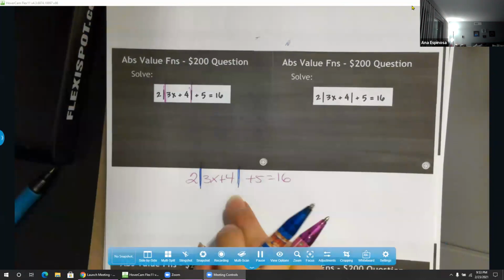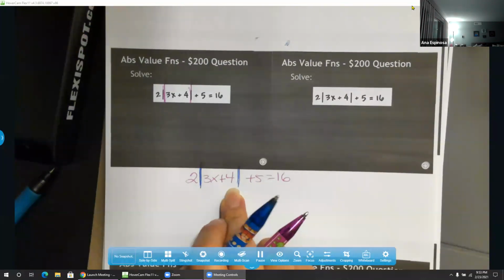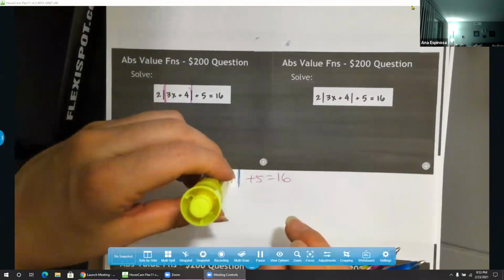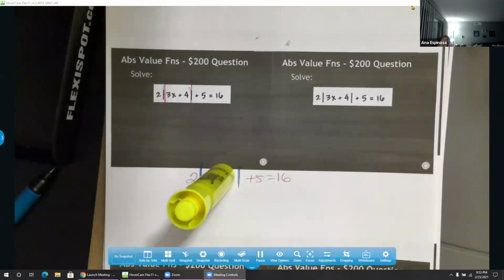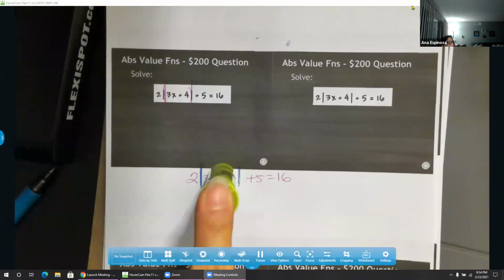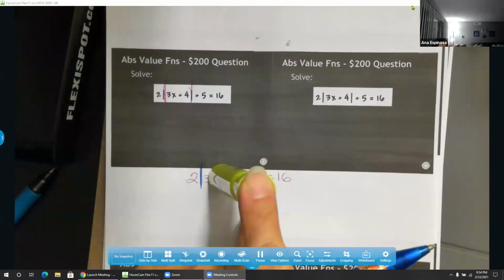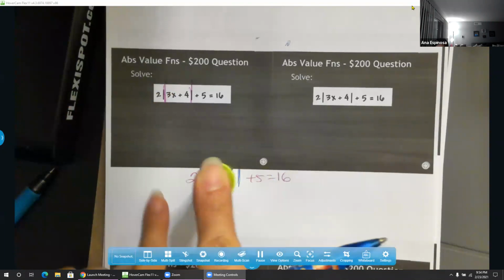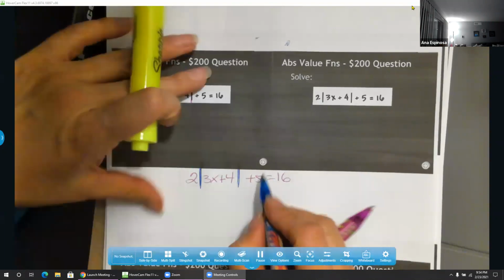Pretend this whole thing right here, let's cover this up, pretend that whole thing right there is a variable. So if that were a variable, how would you solve for that absolute value? You'd subtract the 5 and then divide by 2. That's exactly what we're going to do.